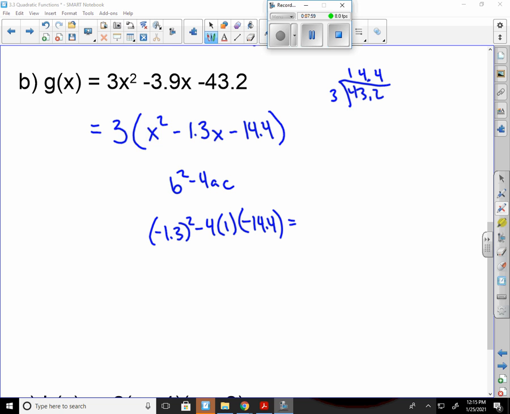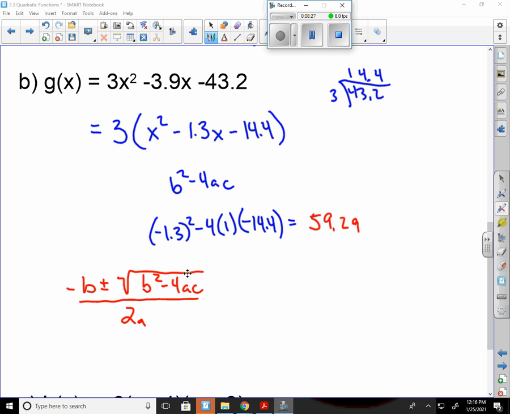So that's a positive, which tells me that there's going to be 2 x-intercepts. So now I can take this 59.29 and plug it into my formula. Remember, our quadratic formula is negative b plus or minus the square root of b squared minus 4ac all over 2a.